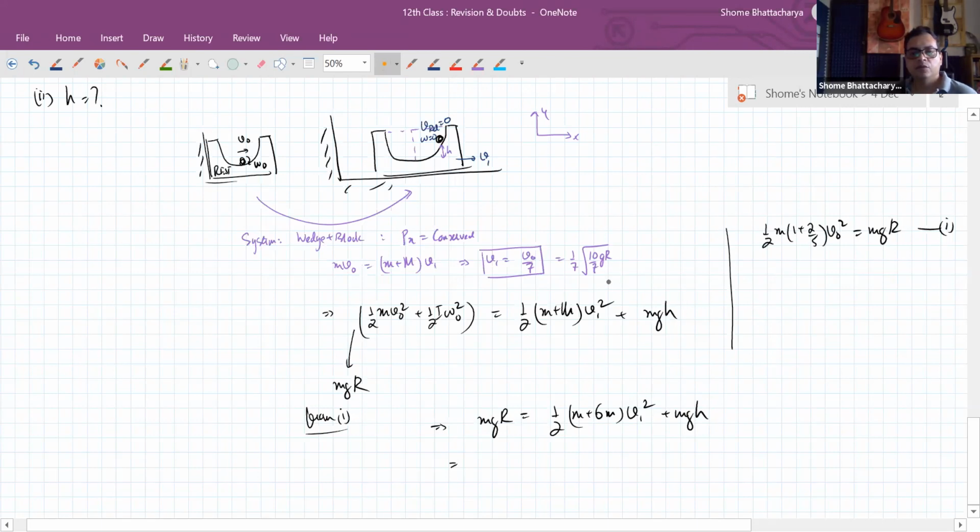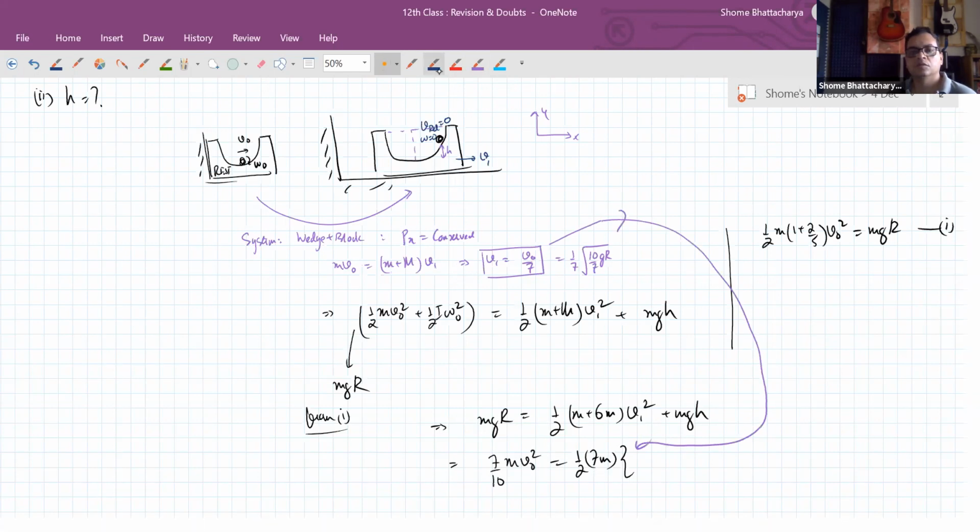And we've got from here that, when we equate this now, this is 7 by 10 m v naught square is equal to half of 7m into v1 square. Now v1 we can substitute from this equation. Substitute the value of v1 from here. So v1 is becoming v naught by 7.